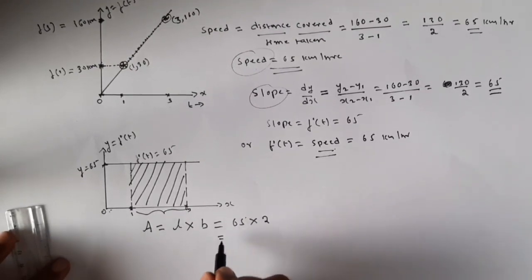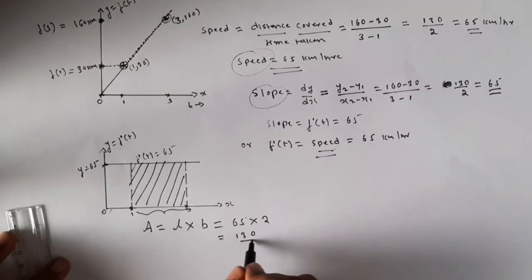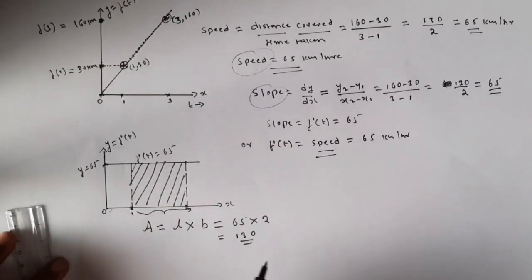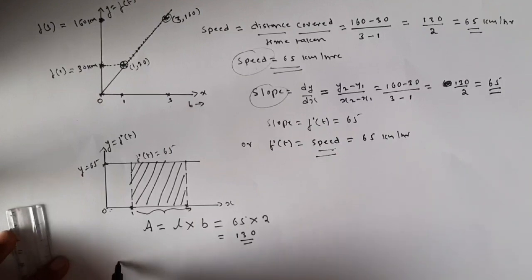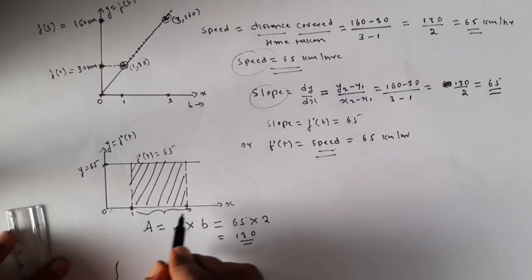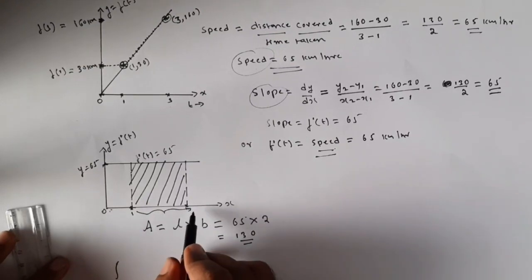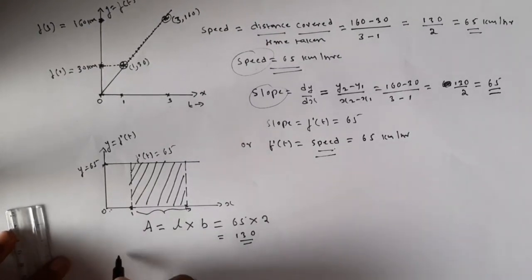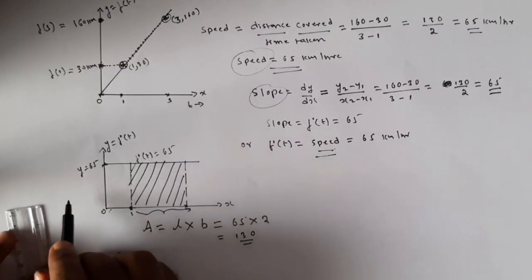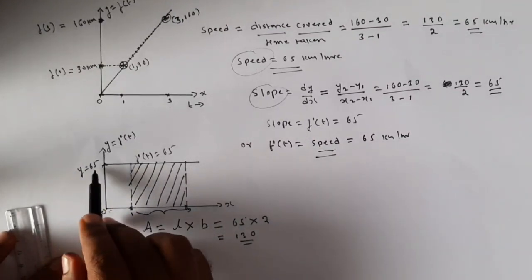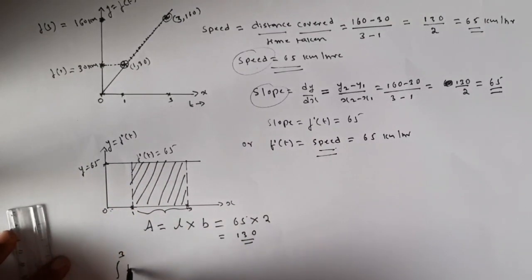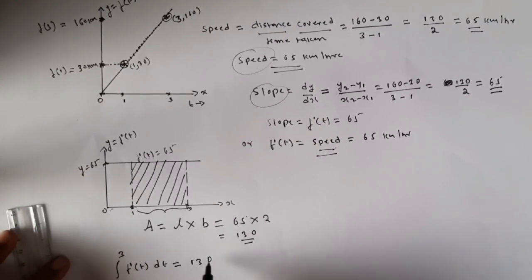So this is equal to 130. Symbolically, the area in integration is represented as the integration from 1 to 3 of f dash of t dt, which is equal to 130.